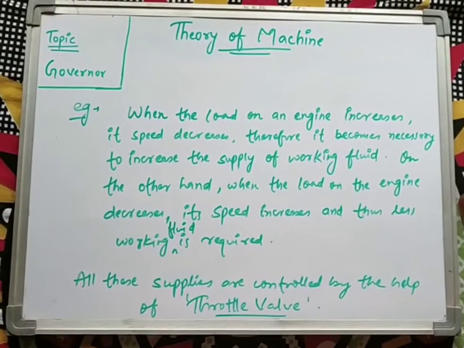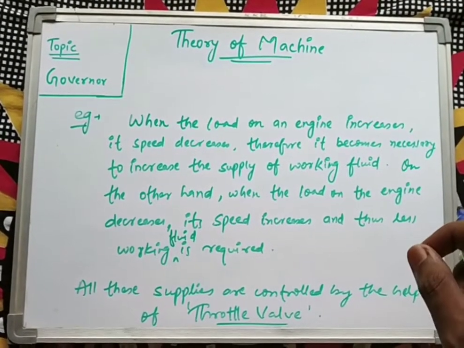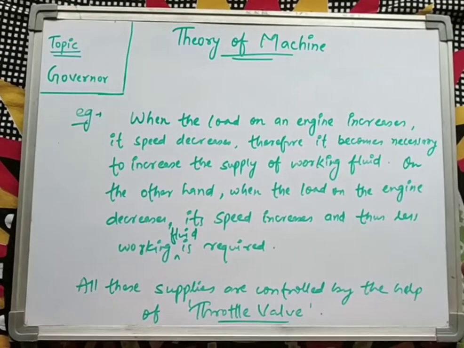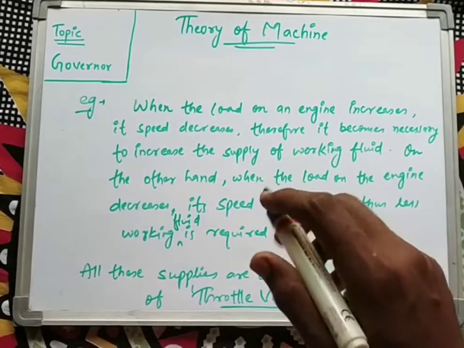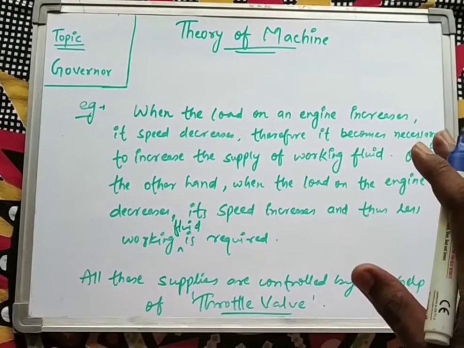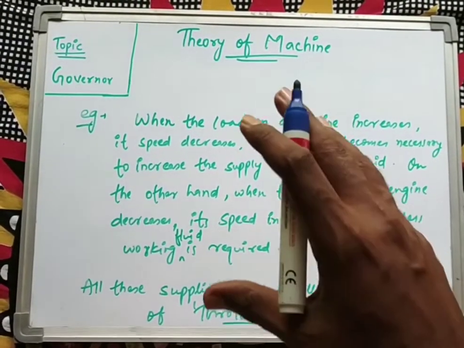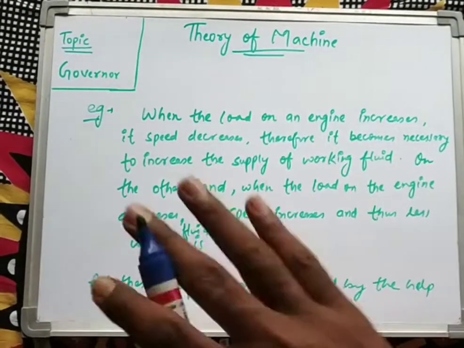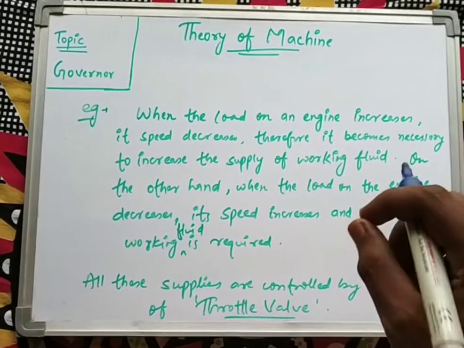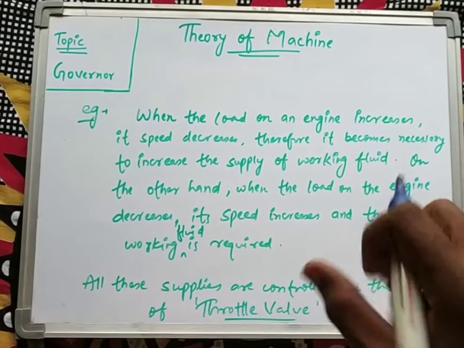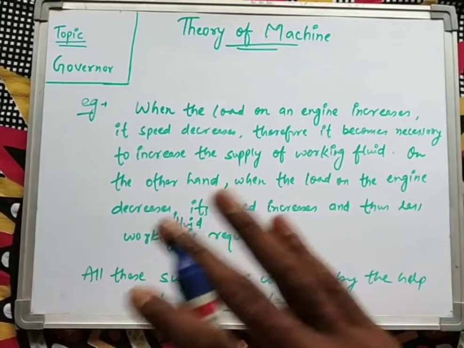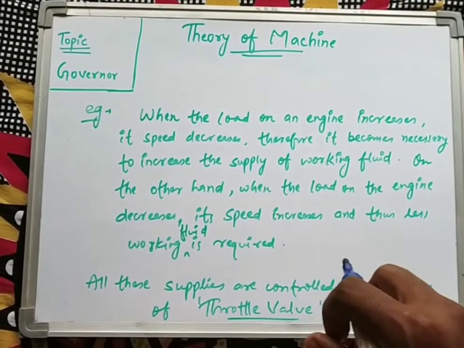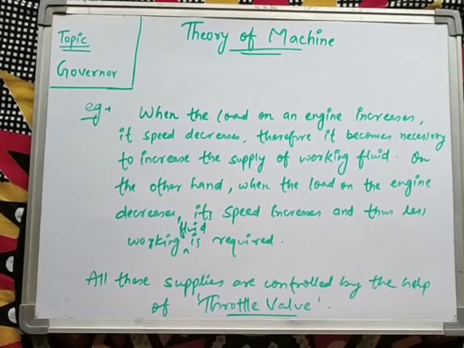So that is the saving property. It is indirectly similar to a flywheel. In a flywheel, when there is an extra requirement of energy, the flywheel supplies that energy, and when there is no requirement of extra energy, the flywheel stores it. Similarly, the governor simply restricts the amount of working fluid when there is no requirement, when there is less load acting on the engine and the speed is at the nominal point.